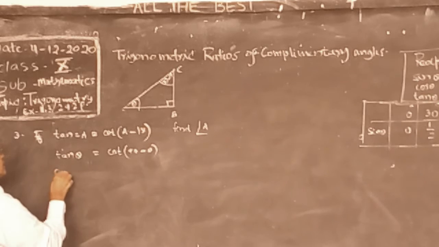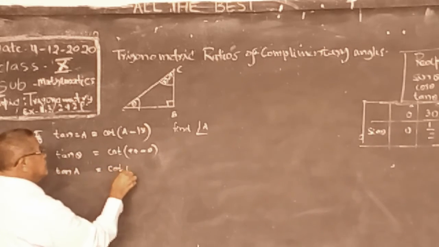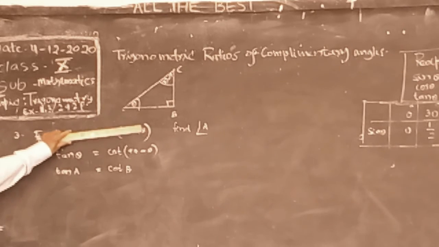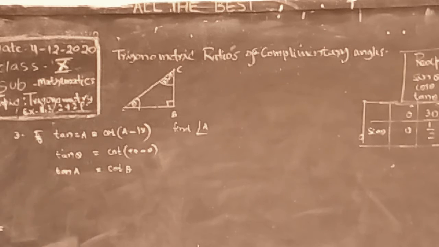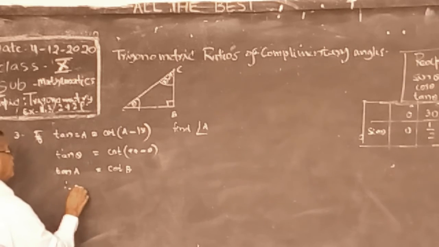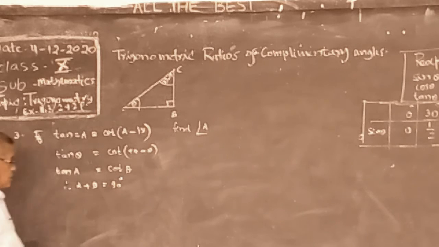Like that, tan A is equal to cot B. Let this be A, this is B. I have taken the formula. Then, since A and B are complementary, therefore A plus B is equal to 90.